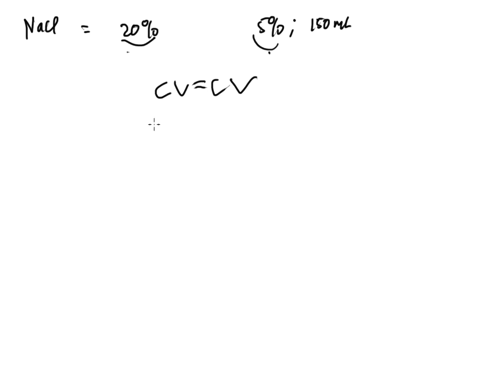All right, so the initial concentration is 20, and that's 20%, right? Well, just plug in that number. I don't need to convert that or anything. Just put it in, 20. Just pretend like it's molarity or ppm or ppb, whatever the unit is. Just plug it in. The V, I don't know how much of that to use. The concentration I want to end up with is a 5.